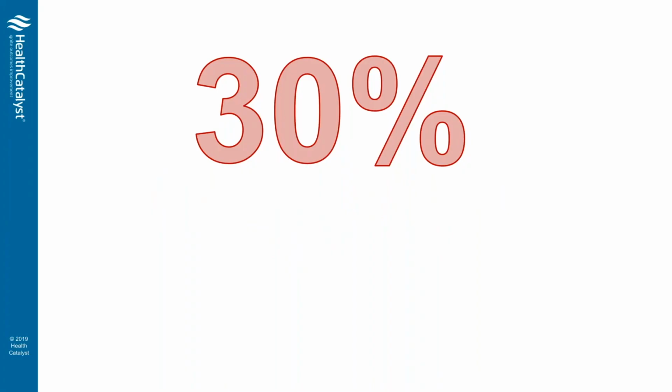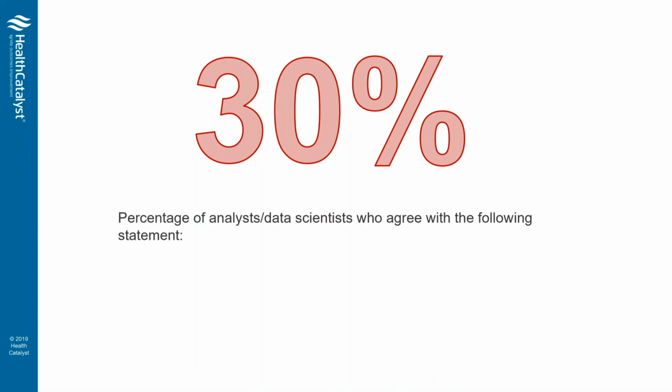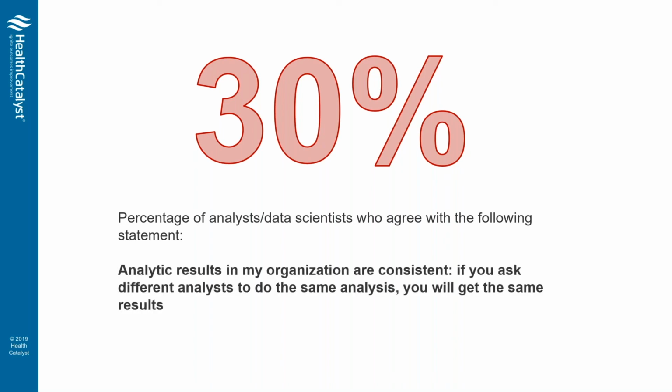And it goes back to what I mentioned before. This number, we're going to play Jeopardy here. I'm going to give you the answer and then tell you what the question was. 30% is the answer. And the question was, again, this was in our poll that we asked of analysts: what percentage of analysts or data scientists agree with the following statement?